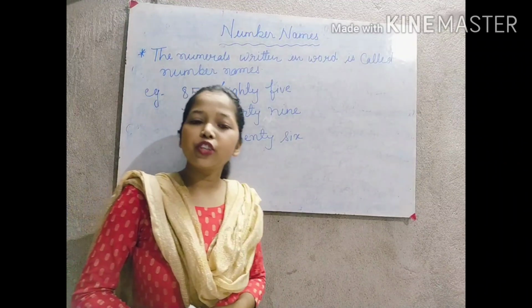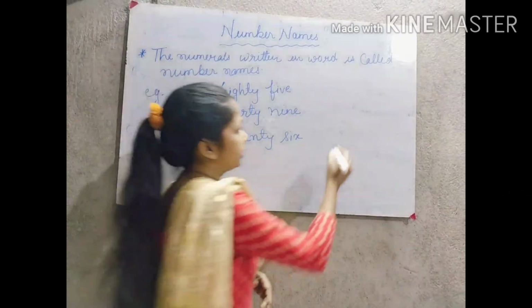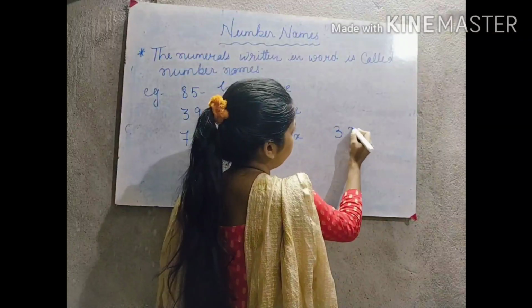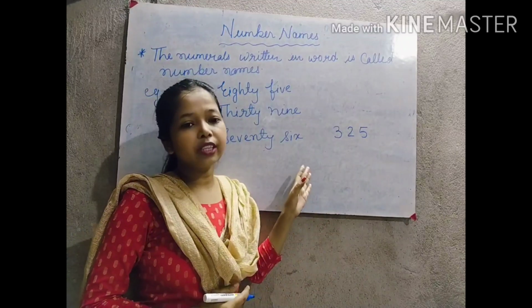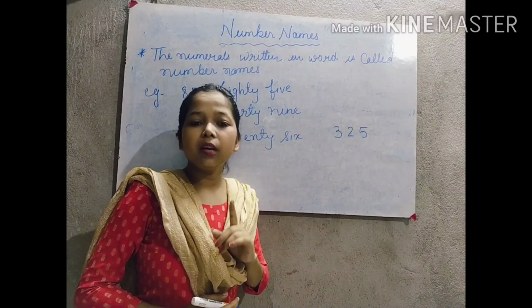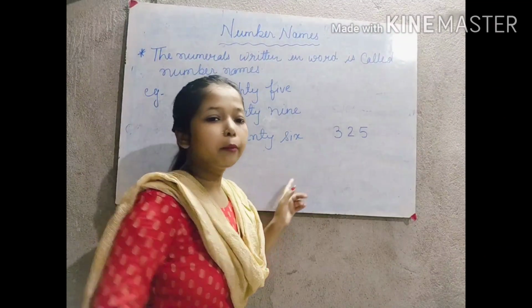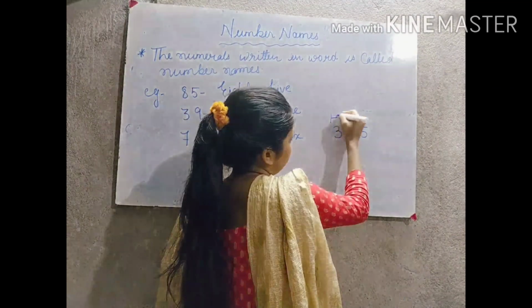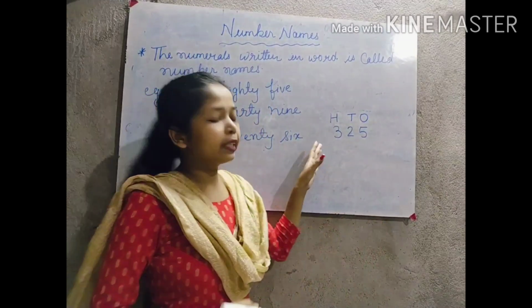Now children, I will tell you how to write 3-digit numbers. So we will have a 3-digit number, 325. First we will write the place value of each digit on top of the number: hundreds, tens, ones.